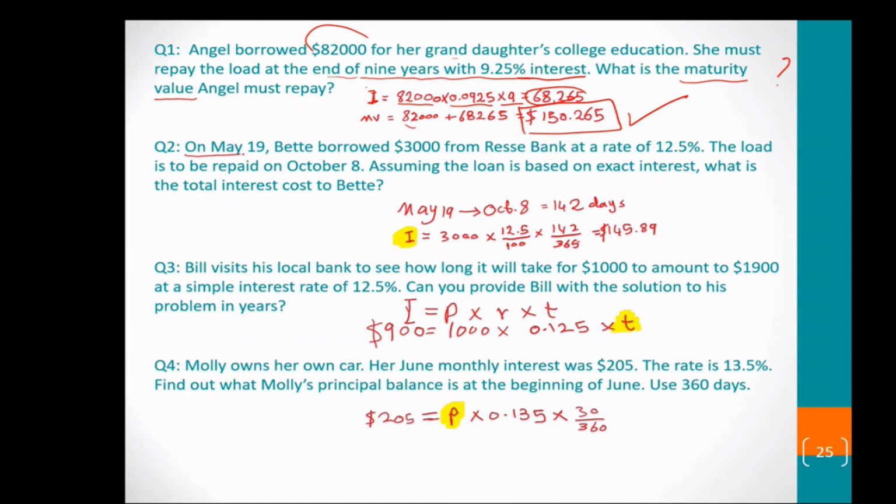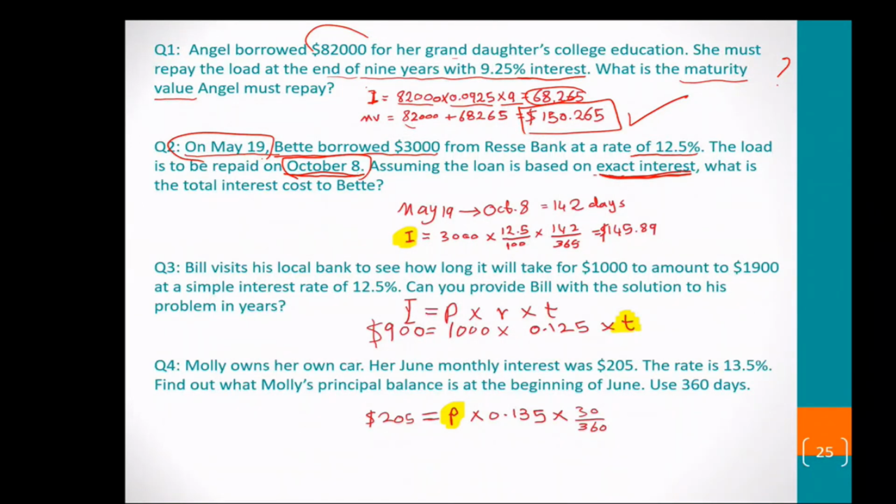On May 19, Peter borrowed $3,000 from Risk Bank at a rate of 12.5%. The loan is to be repaid on October 8. From May 19 to October 8, assume the loan is based on exact interest. Simple interest, exact interest.